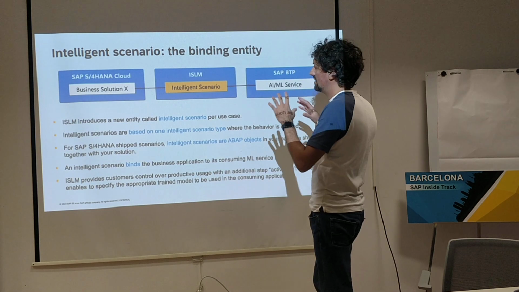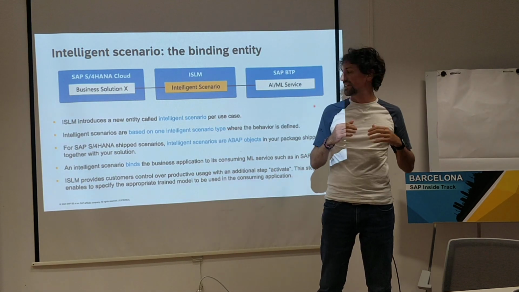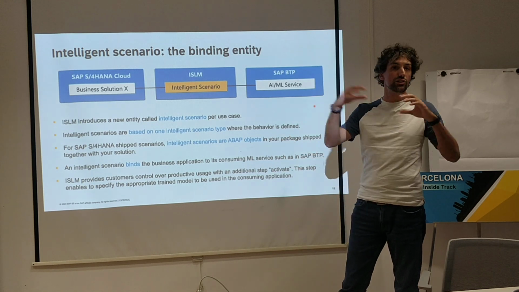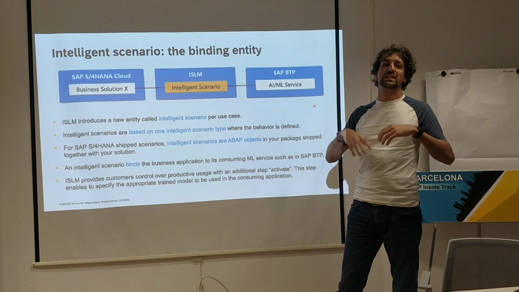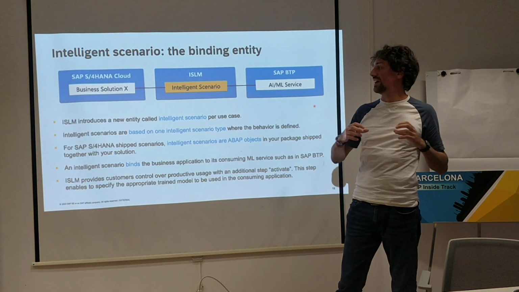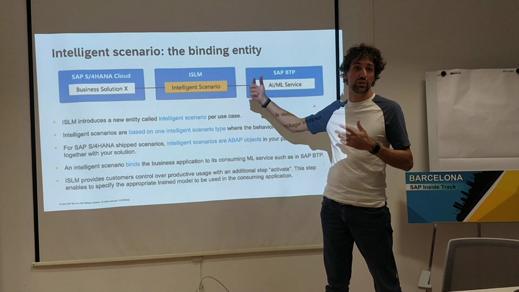Basically, this means that we introduce this entity called Intelligent Scenario. By the way, it's an ABAP-related object you can transport, so you can either select one that is available from SAP, deploy or activate it, and then transport it into your S4HANA landscape, or you can build a new one.